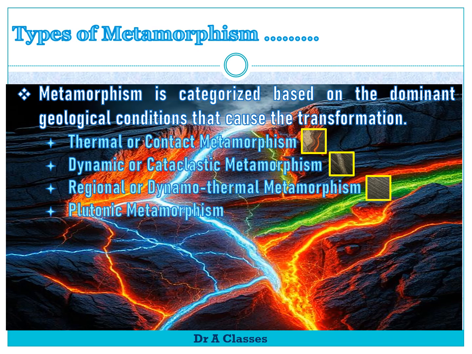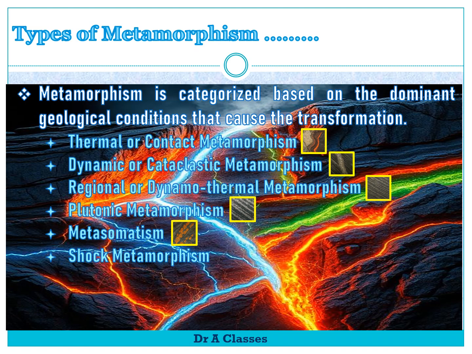Plutonic metamorphism occurs deep within the Earth's crust under high pressure and temperature but without significant deformation. Metasomatism involves chemical alteration of rocks by fluids leading to changes in mineral composition. Shock metamorphism, triggered by meteorite impact, creates unique structures like shatter cones and high pressure minerals.